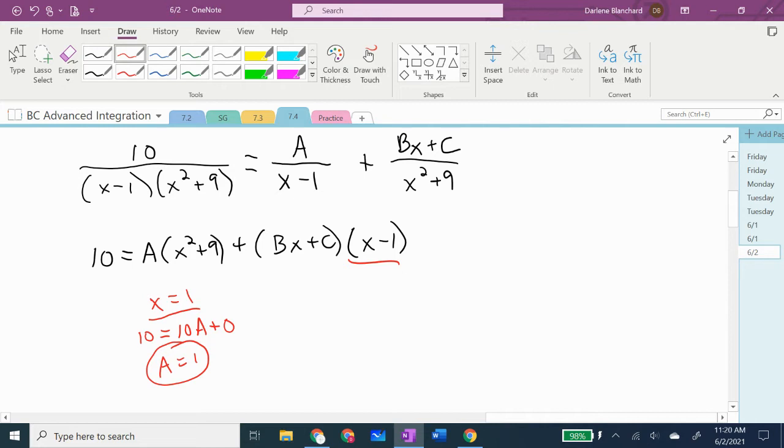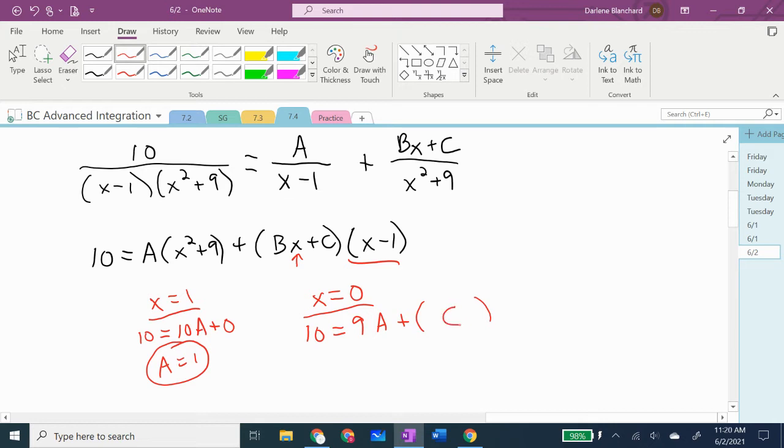Now, I have a couple of options at this point, but I'm going to plug in two more values of x to find the other two constants. And plugging in 0 is going to be extremely convenient, as you're about to see. Plugging in x equals 0, I get 10 equals 9A plus, and when I'm looking at my Bx plus C, my B is being multiplied by 0.